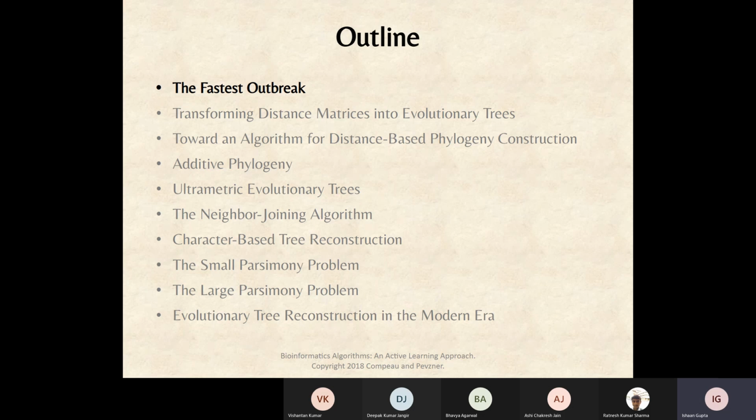There I'll be focusing mostly on three to four algorithms. Three algorithms I'll go into in detail: additive phylogeny, ultrametric evolution trees, and maximum parsimony. And then I'm going to end with the modern tools that are used to reconstruct phylogeny.